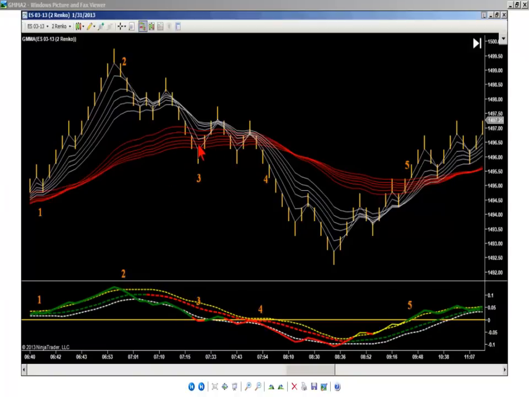Now you can see these red moving averages here is how the equity moved below them for one bar. And as I said, the zero line represents all of these 6 red moving averages. And at number 3, where it moved below it, you can see the indicator line just touched below the zero line right here, which coincides exactly with this. And you can see number 4 over here, the equity kind of hit support right in here, and then it started down.